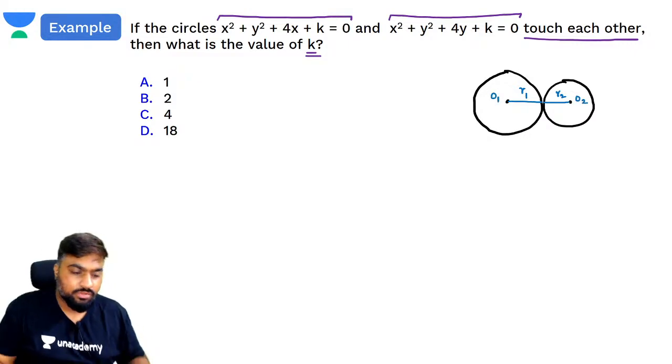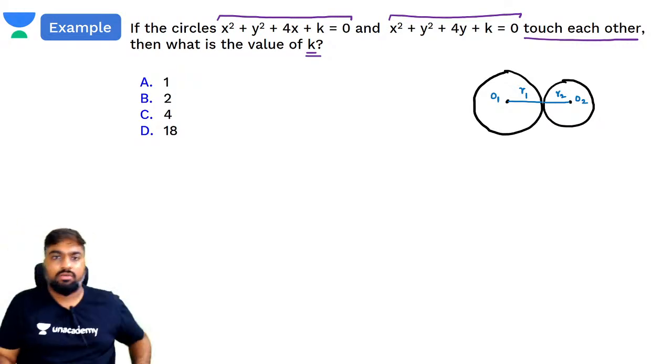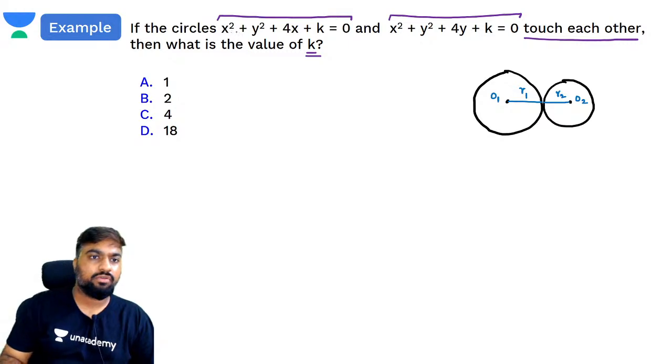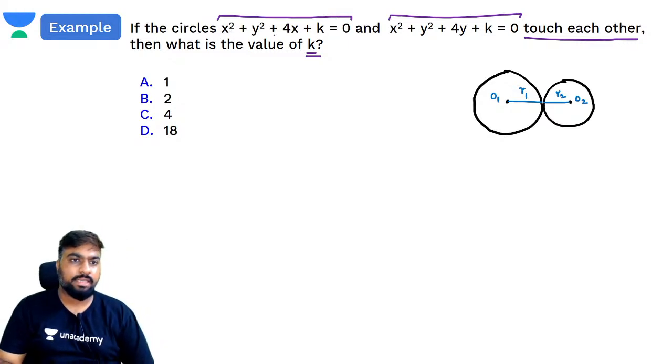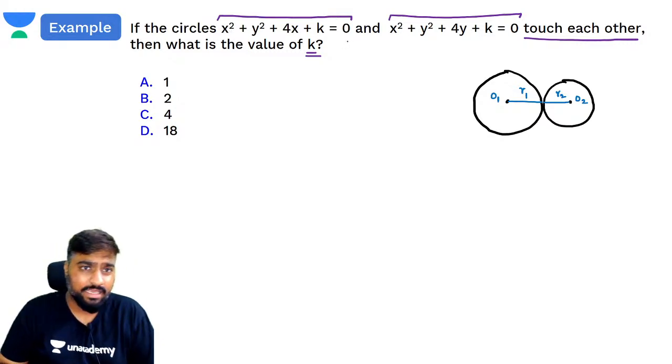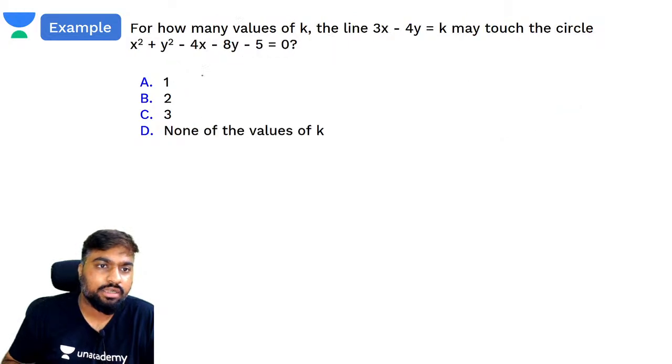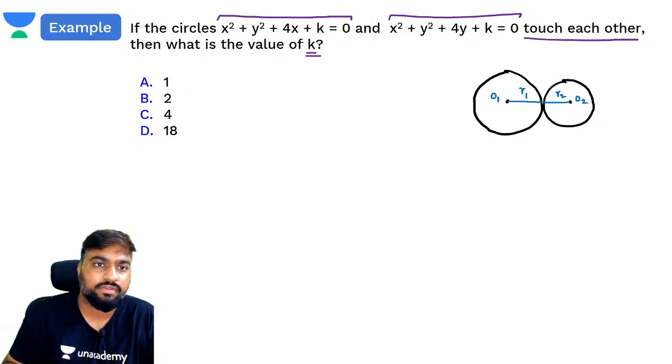So let's use the first equation, find out o1 and let's find out the radius. You can write this in what format, guys? x square plus y square plus 4x plus k equal to 0. k is a constant, right? That's clear, k is a constant by the answer choices. It's not a variable, it's not a coefficient of y or something.